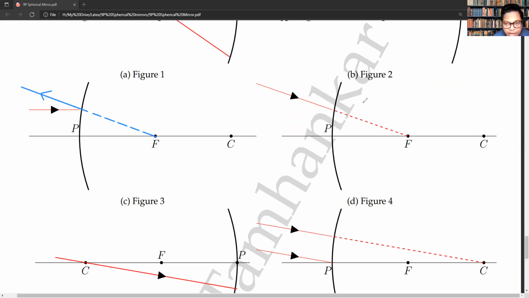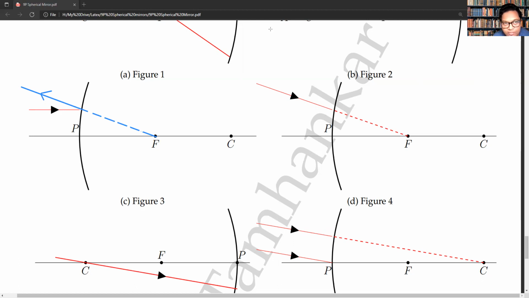Anyone else would like to answer for the fourth one? That is also one of the independent rays. The ray is directed towards the focus of a convex mirror. How will this ray proceed after reflection? Okay.